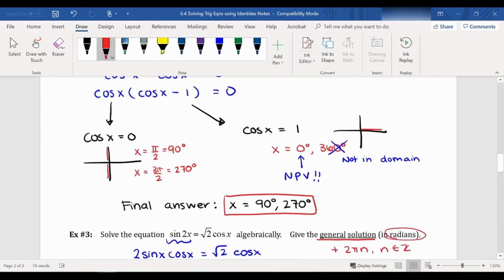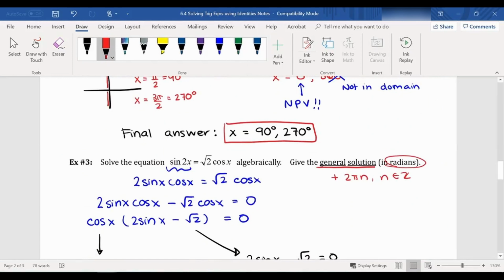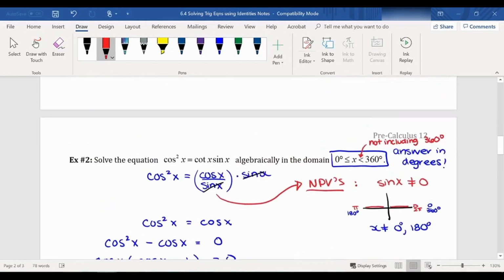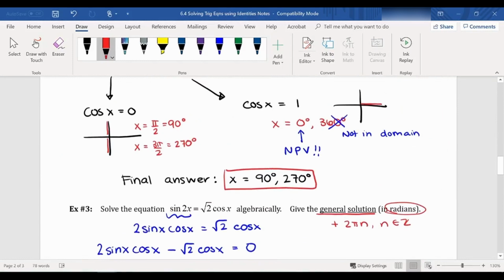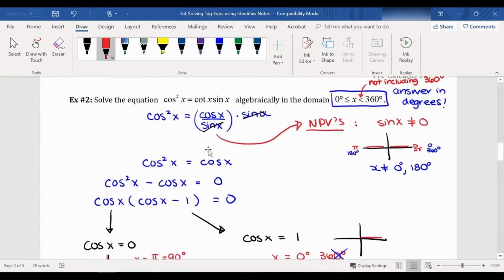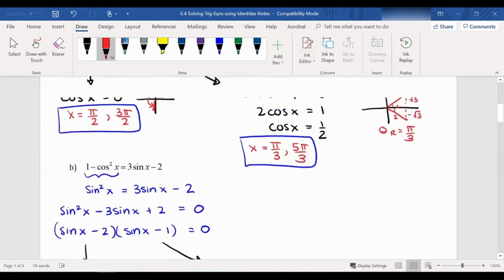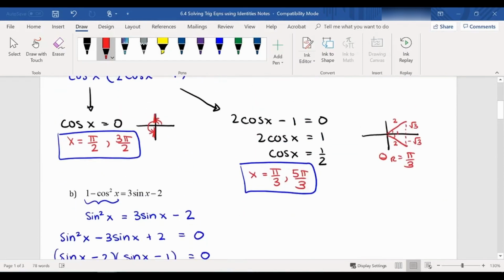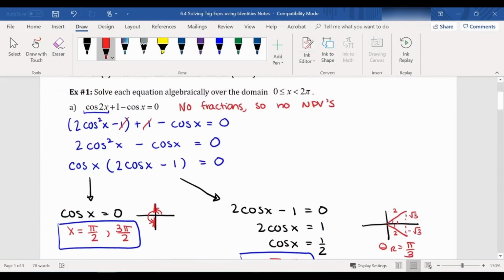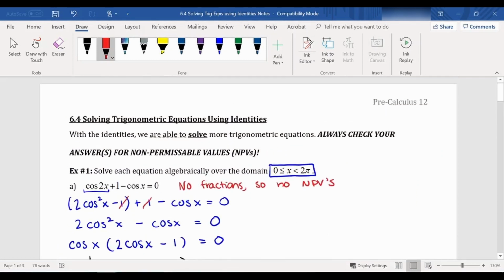And for example, in number 2, replacing the cotangent, and number 3 replacing the sine 2x. And number 1, we've got the Pythagorean identity for 1b and cosine double angle identity for 1a. So once you've replaced those identities, you're just proceeding as you were in chapter 4. And that is all for today.